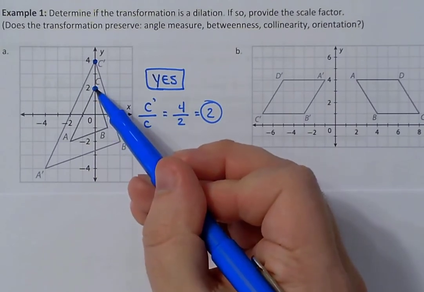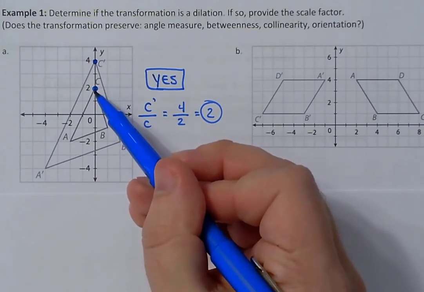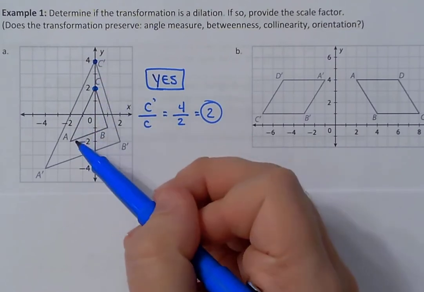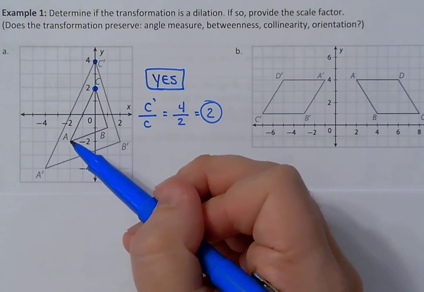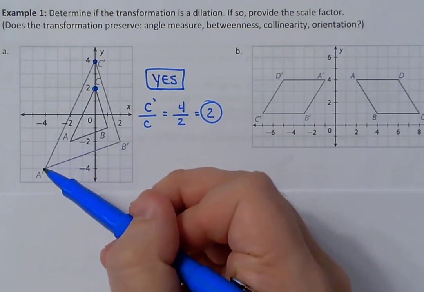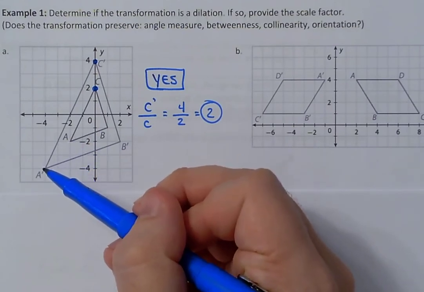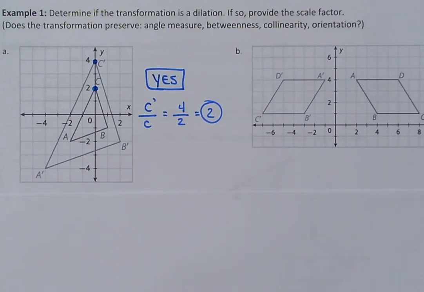C is at 0, 2, so it's now at 0, 4. And A being at negative 2, negative 2, we multiply that by 2, and it ends up at negative 4, negative 4. It wouldn't matter which one you choose, you just have to choose a coordinate point, stick with either the x or y, set up prime over original, simplify, and then you have your scale factor.